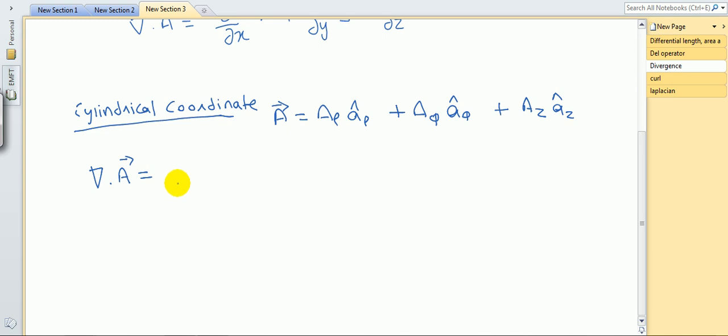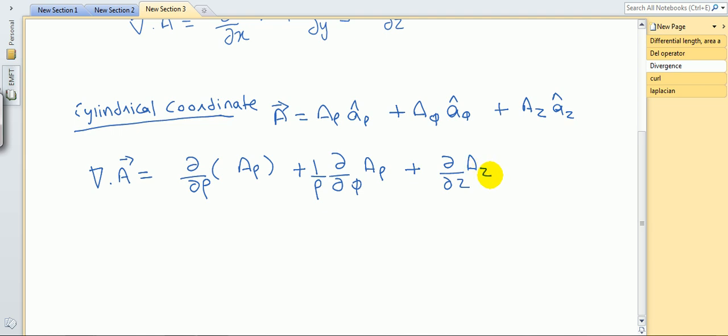This is a somewhat different formula. I will write here 1 by rho del by del rho of rho a rho plus 1 by rho del by del phi of a phi plus del by del z of az.